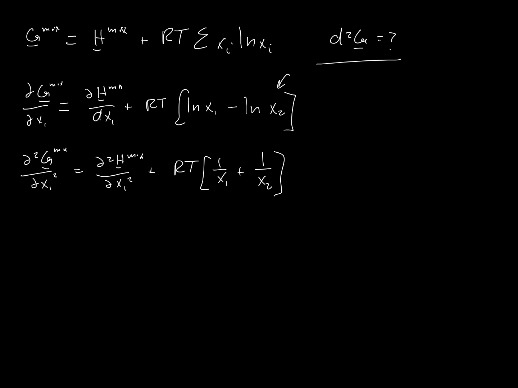So it is very clear that that quantity is always going to be greater than 0. For the x2, it'll be a plus, because remember, we're taking the derivative with respect to x1.